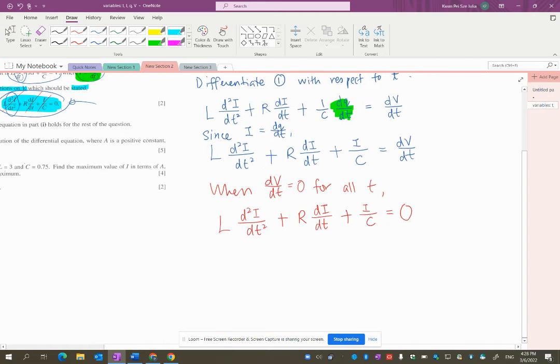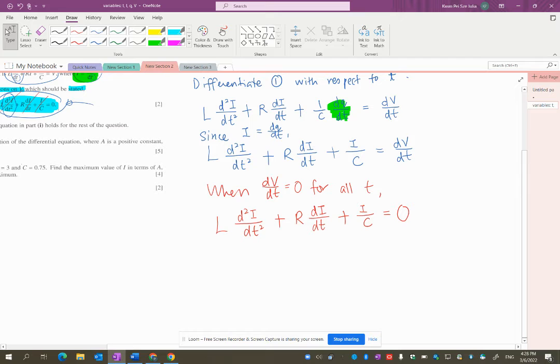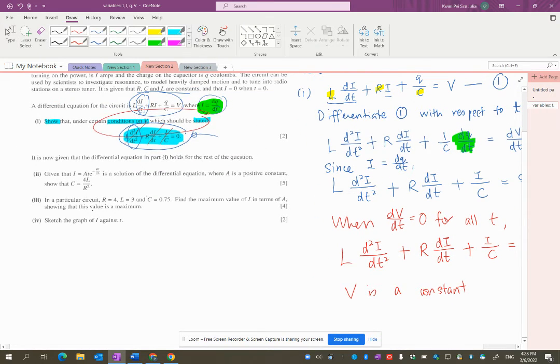So when is dv dt 0 for all t? So since we let dv dt be 0 for all t, this happens where v is a constant. So this is actually the condition that we need to state about v.